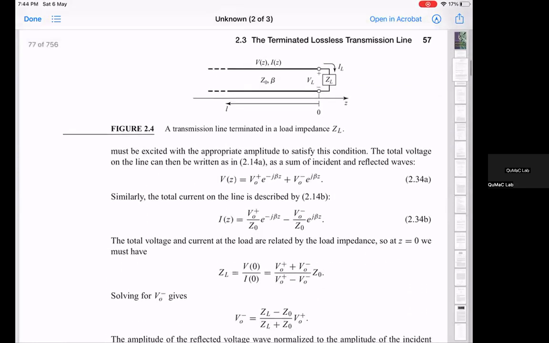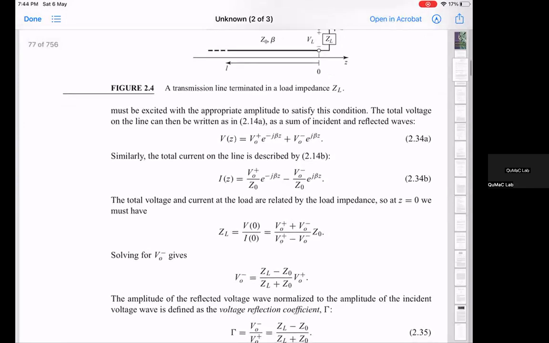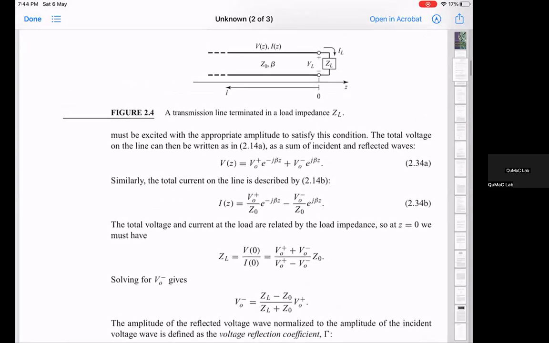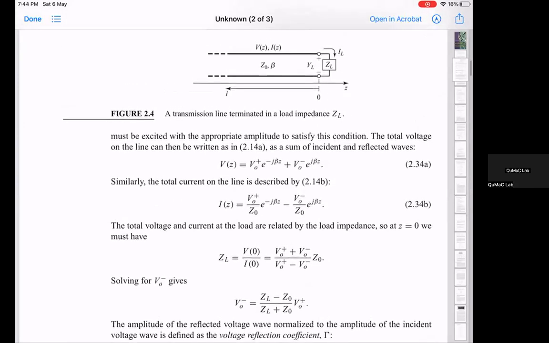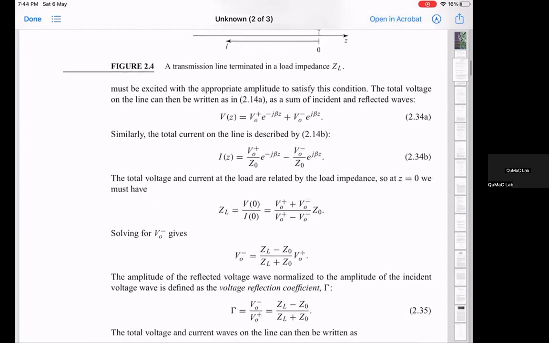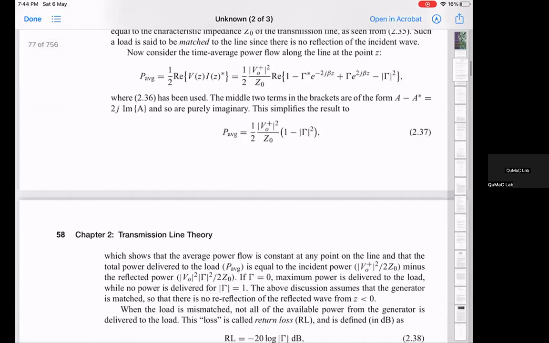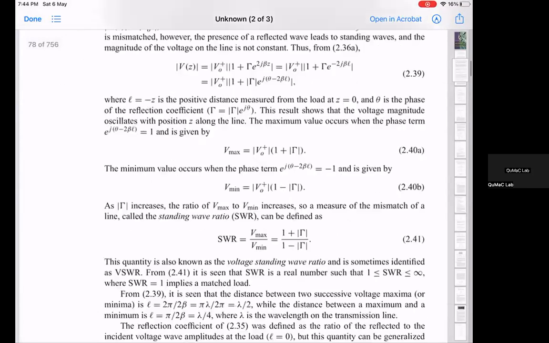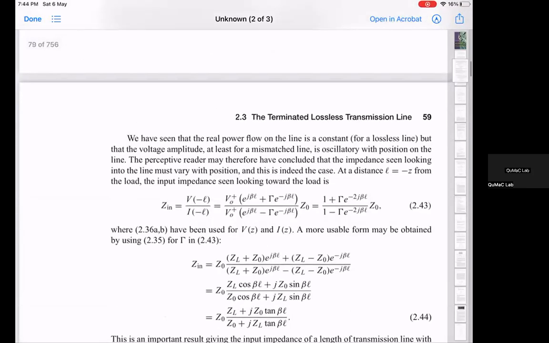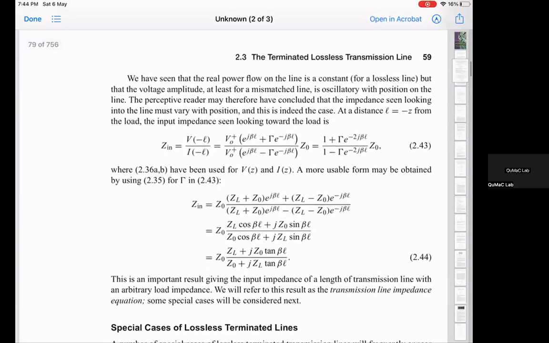That is discussed here essentially by looking at what happens at the boundary condition, that the ratio of voltage and current should be equal to the impedance which is set there, and from that you get the expressions for what the impedance is, which is over here, the Z in, ultimately giving you this equation 2.44.